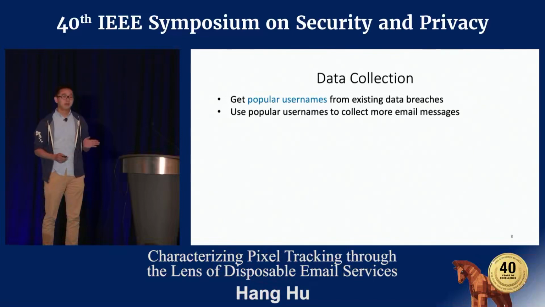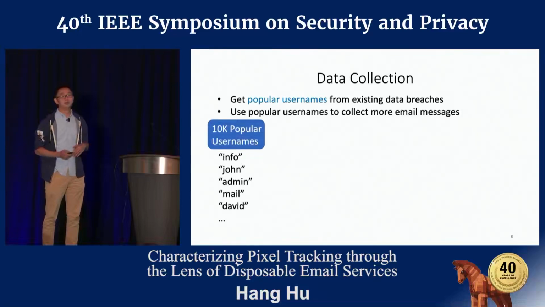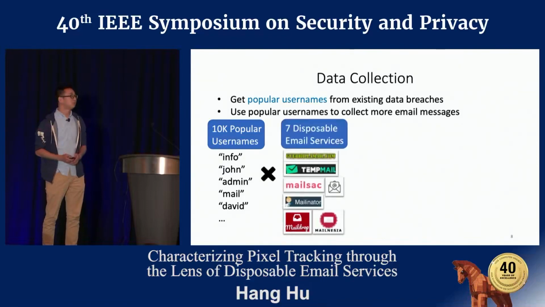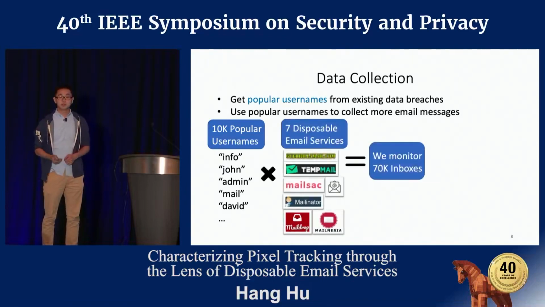Here's how our data collection works. First, we get popular usernames from existing data breaches. Then we use those popular usernames to collect messages from disposable email services. In total, we chose 10,000 popular usernames, such as info, John, or the main. Then we monitor those popular usernames on each of the 7 websites we chose. So in total, we monitor 70,000 disposable inboxes.